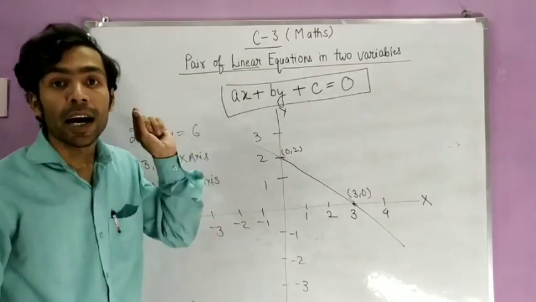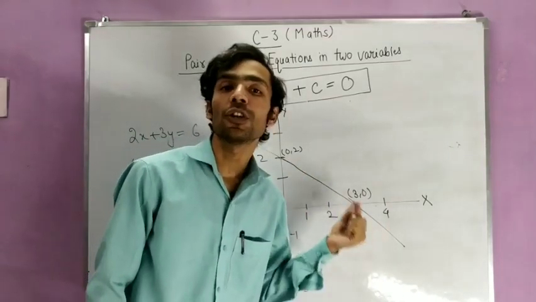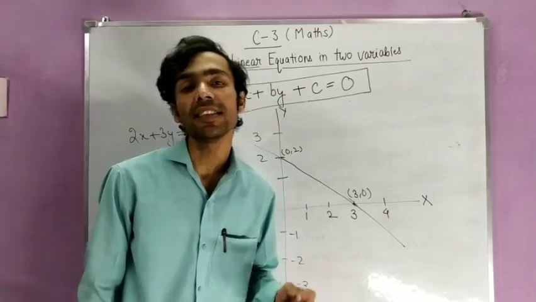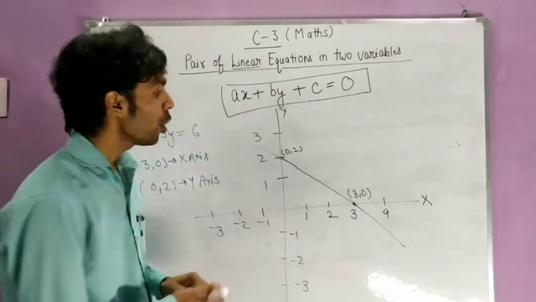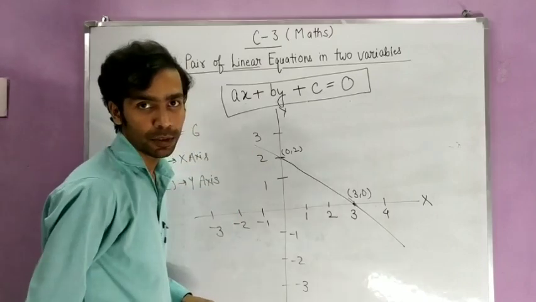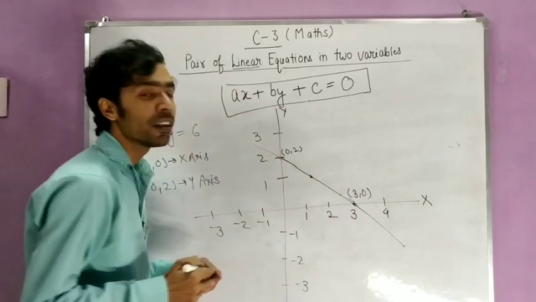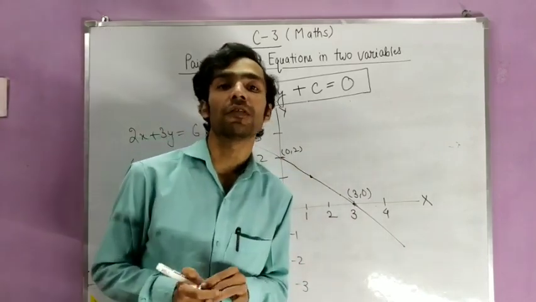Why is it the solution of the linear equation? Because a line can be made with infinite points. So each point on this line will be a solution of the linear equation.